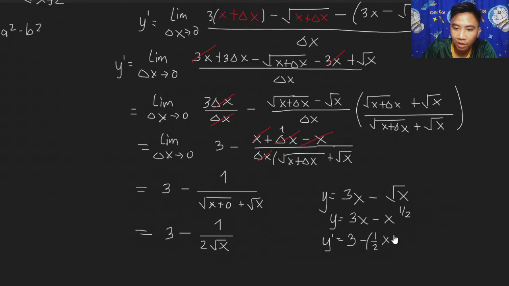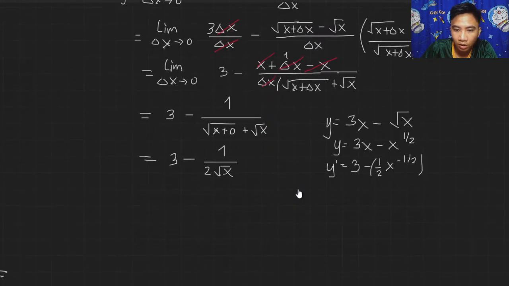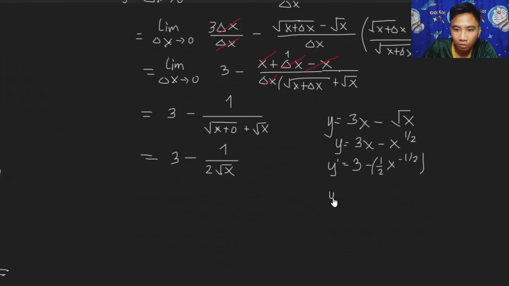Yan. So, it becomes negative 1/2. Then, next is y prime is equal to 3 minus 1 all over 2 x raised to 1/2. So, ibabalik lang natin siya sa square root. So, answer will be 3 minus 1 all over 2 square root of x. So, we have the same answer.